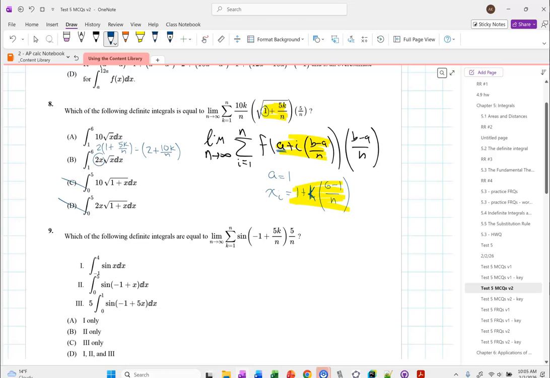Right, that's not going to work, is it? Because I'm not going to have the 10k over n, but I have this extra plus 2. If I do it here, I have the 10, but I'm not going to get the k over n. Because look at the way this is set up.